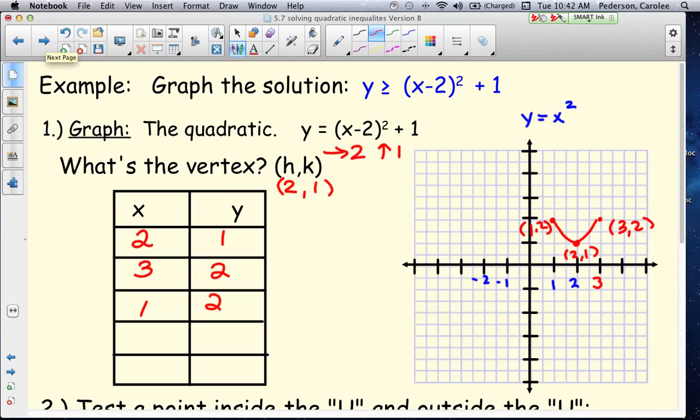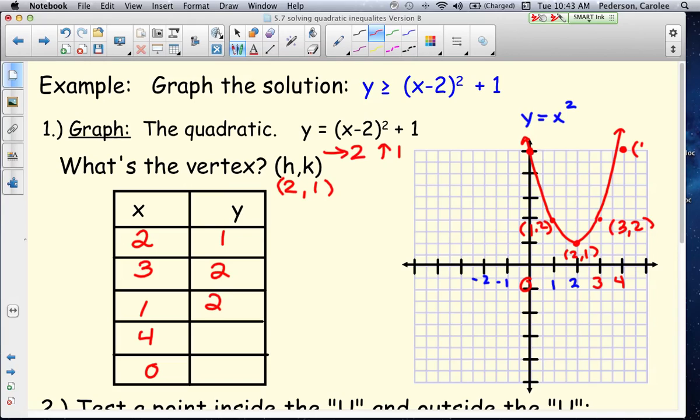Now I'll move 1 more unit to the right and left. So I'm at (4, 1) and (0, 1). Now remember, from the parent function, the next jump in height is 4 units up from its vertex. So I'll have a point here and a point there.